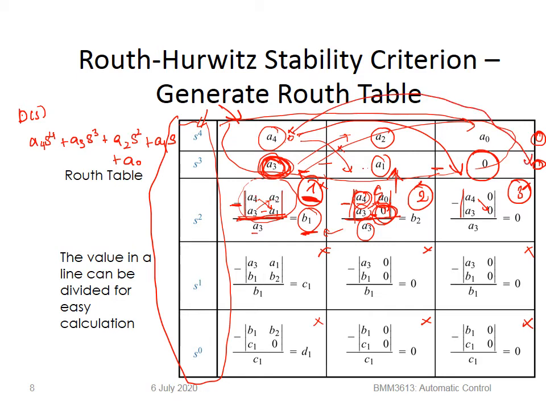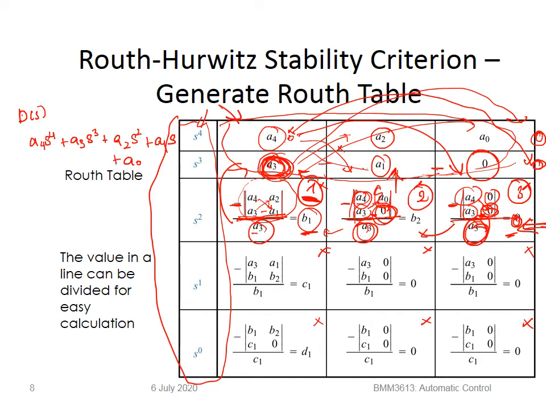So it's a4 multiplied by 0 minus a3 multiplied by also 0, negative in front of everything, divided by a3. You see, in each line the calculation is always divided by the first value on top of that line, a3. But here, a4 multiplied by 0 minus a3 multiplied by 0 becomes 0, so in this square the result is 0.